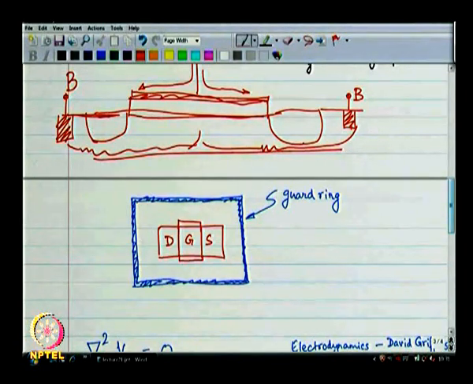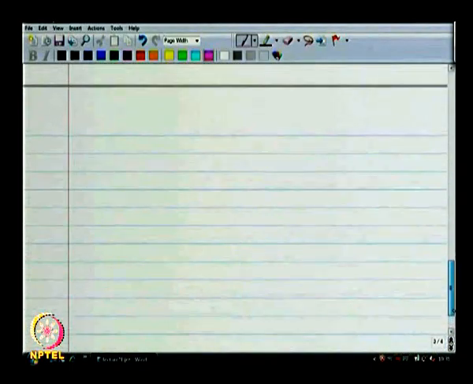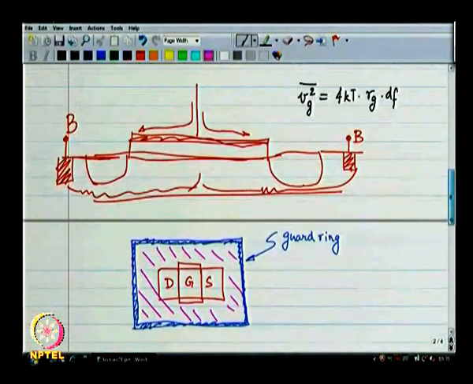You hope that inside the device all over the place you have got a body potential which is equal to 0 volts. Okay. So, this is something borrowed from there, and unfortunately it is not going to be exactly 0 volts, okay, because of resistivity within the body itself.